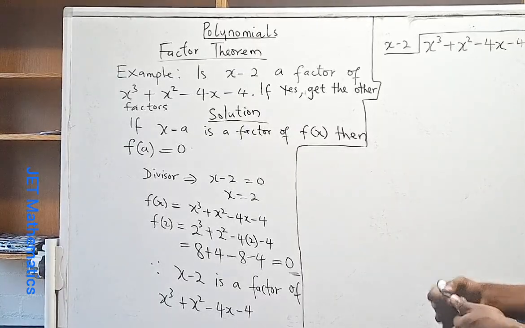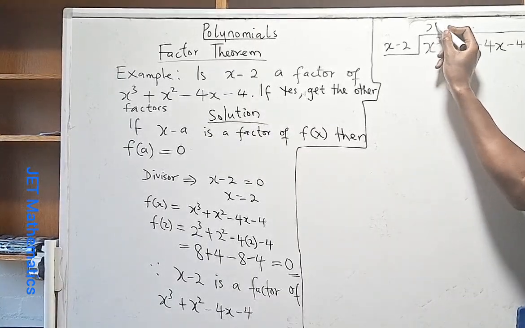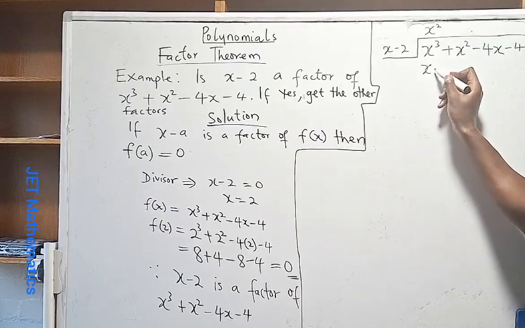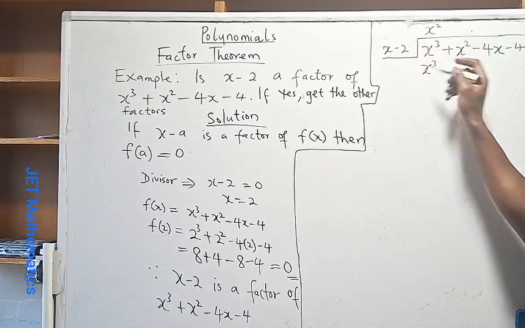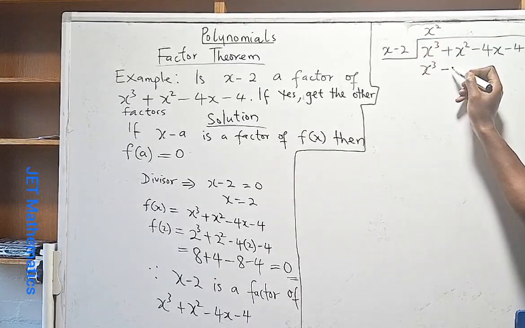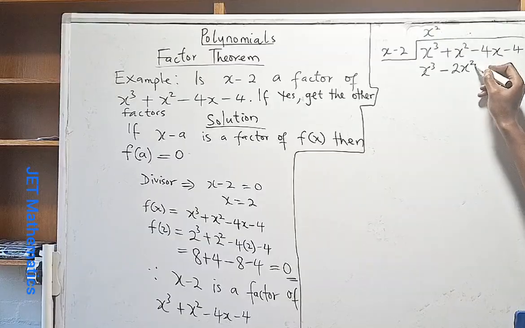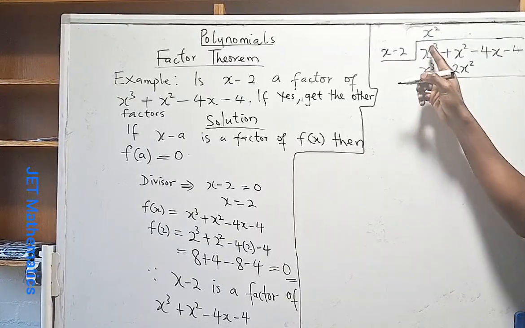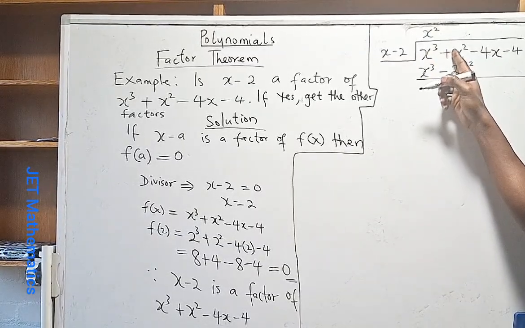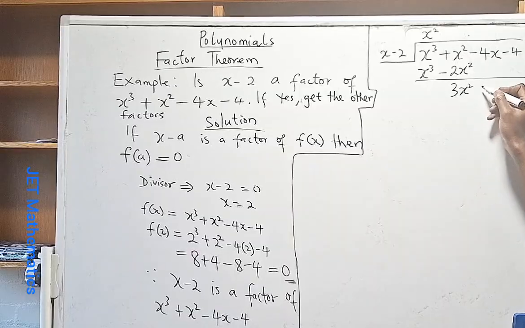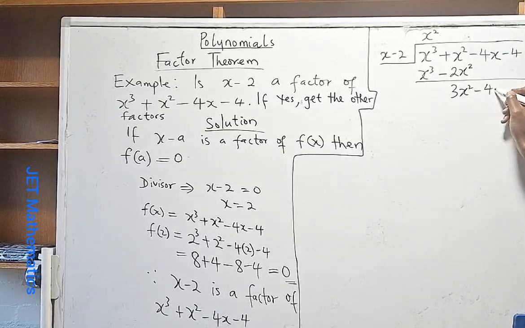So what we need to do quickly, we'll multiply by x squared. x squared times this gives us x cubed, and x squared times this gives us minus 2x squared. We subtract, we get 1 plus 2, that gives us 3x squared minus 4x.